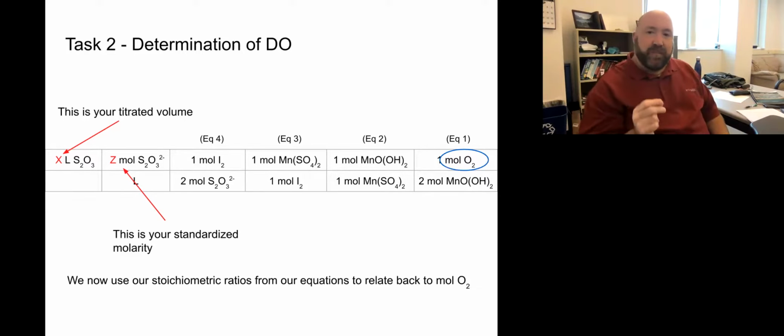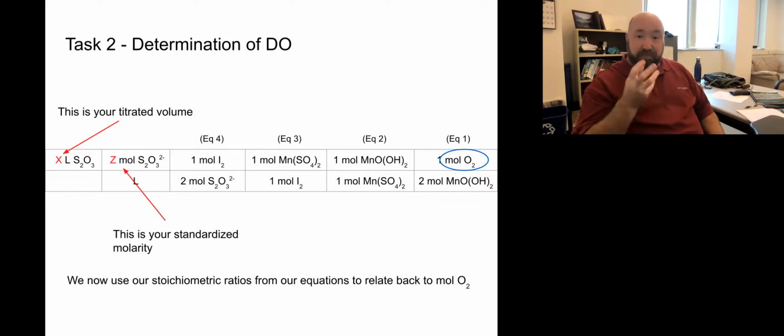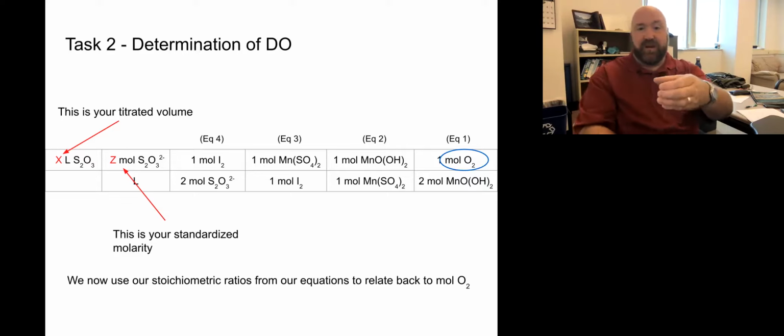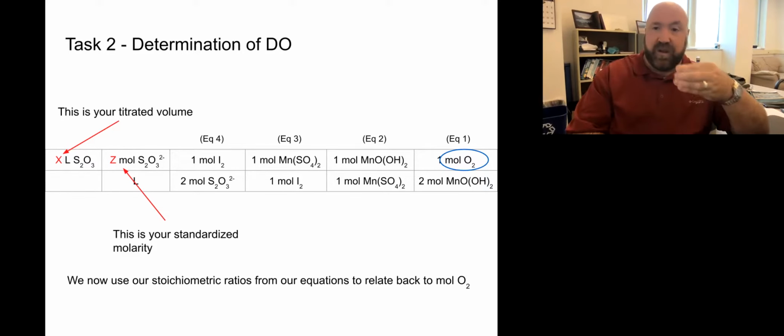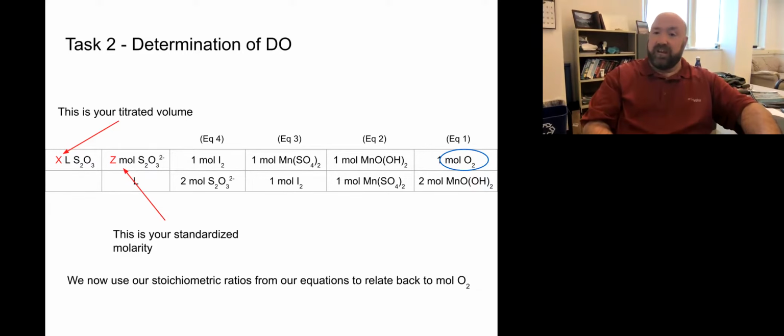This tells us how many moles of O2 had to have been in the beaker, were in the river sample initially. So again, you take your titrated volume, you're going to measure in milliliters, convert to liters. So how many liters did it take you to get to your endpoint?